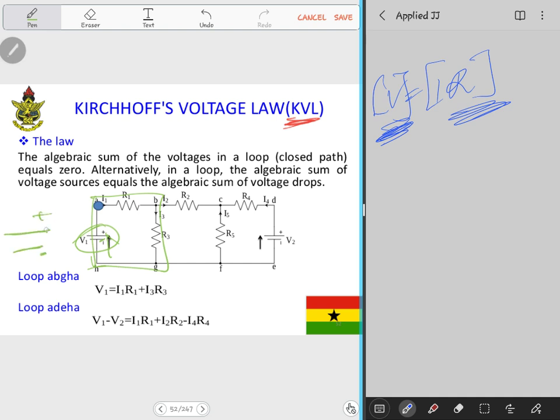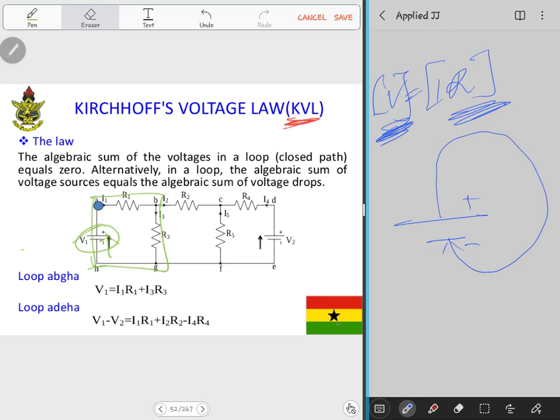So as if we're in the loop this way and come back to the negative terminal. Let me write it here again. For a voltage source, the long bar is the positive terminal, the short bar is the negative terminal. So the natural sense is from here to here. This is the convention that we are using.